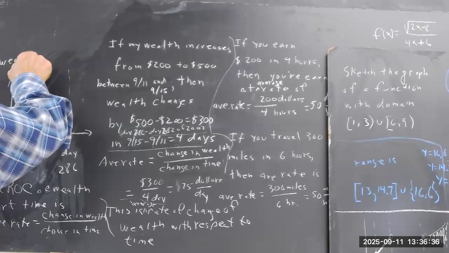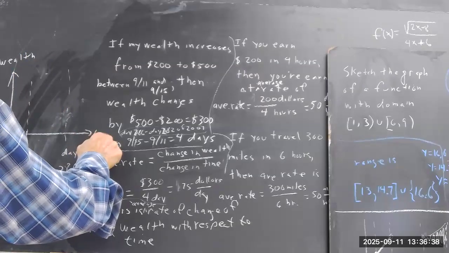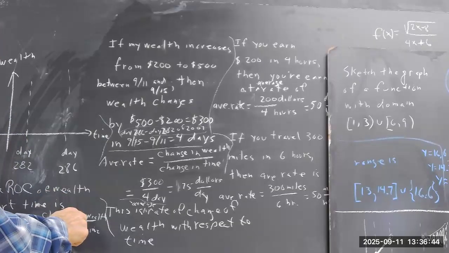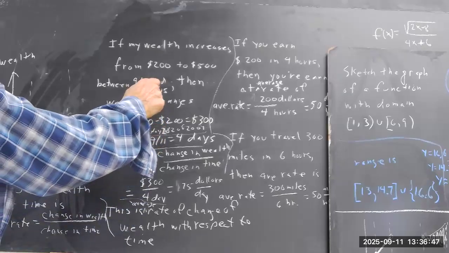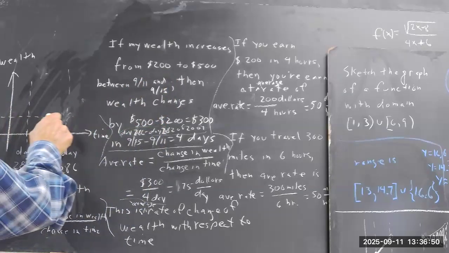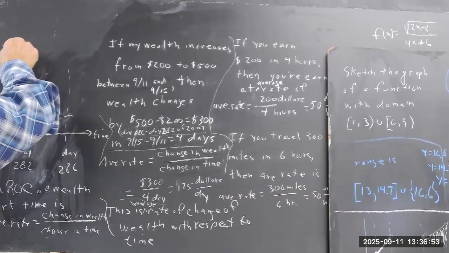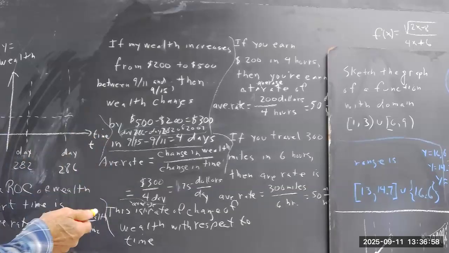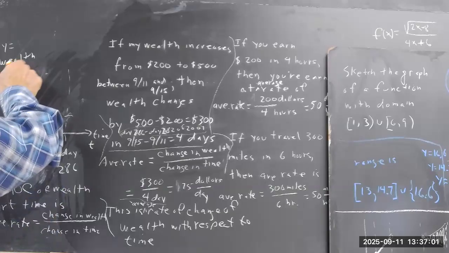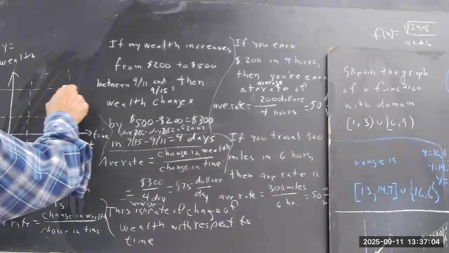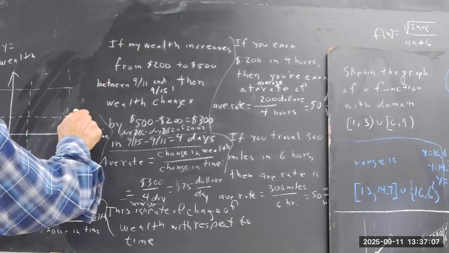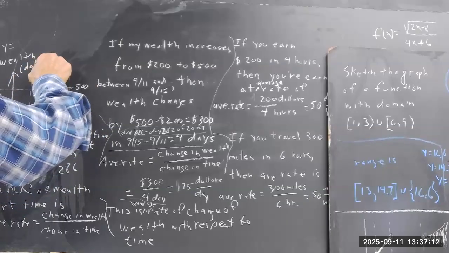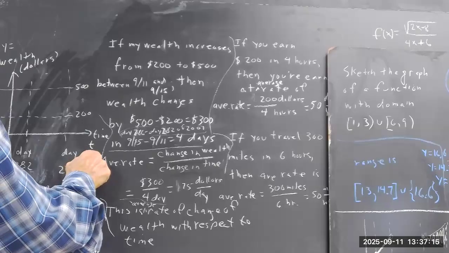So we're on a graph of wealth versus time. The wealth goes from $200 to $500. Well, we'll call that Y. And we'll use T for time in this case. Okay, Y equals wealth. And I can even write in dollars. Time.